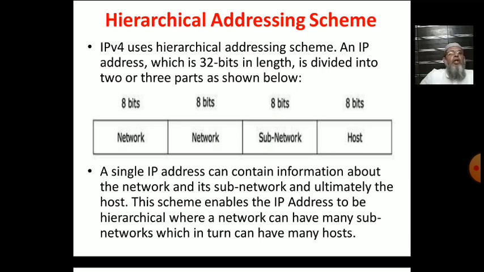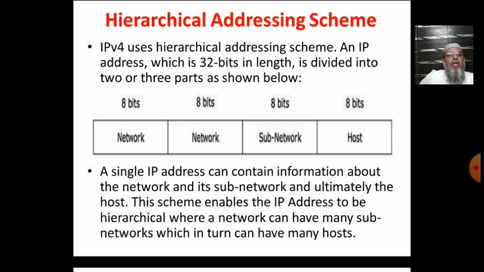Every 8 bits are converted to a decimal value, and the decimal values are separated with dots. Every decimal value has some meaning. That address contains the network address, subnetwork address and host.